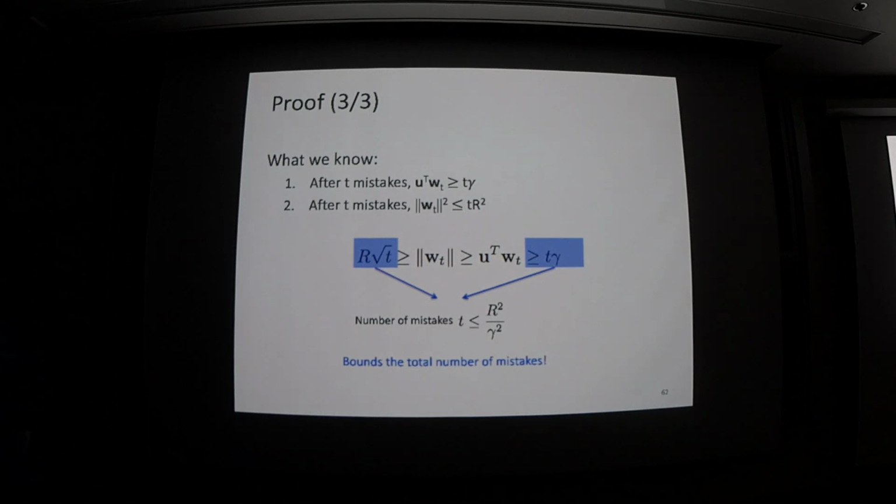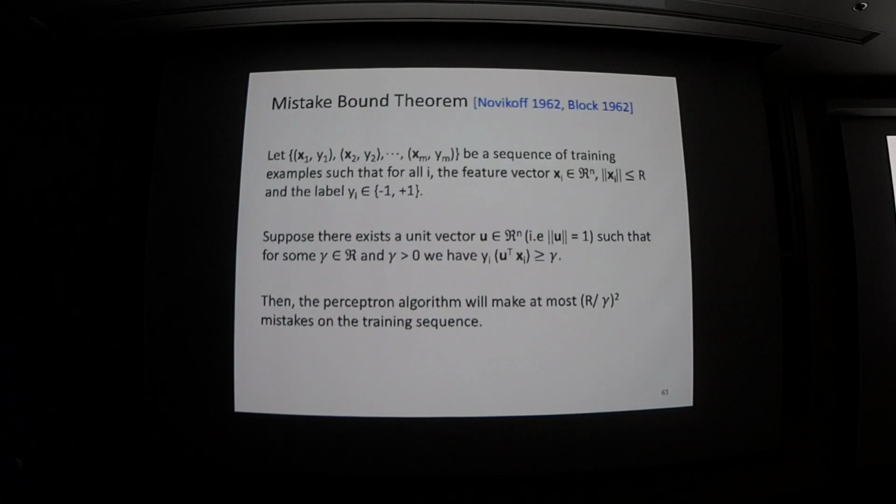So now we have bounded the total number of mistakes, in other words, bounded the total number of updates when you train a perceptron on a linearly separable data set. Now let us review this mistake bound theorem. It tells us, under the ideal case that your training data is linearly separable, how many mistakes at most your perceptron algorithm makes during the training procedure.